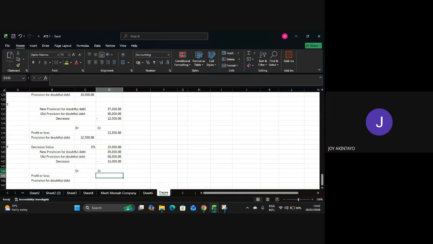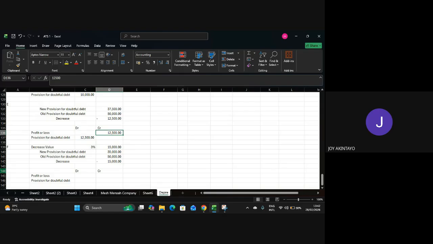Now this thing you did not get it though, to be candid. Look at the previous example. This decrease, what do we do to our decrease? It is an income to the company.